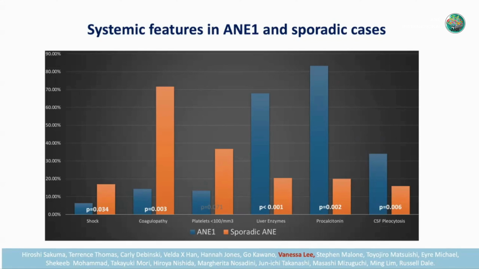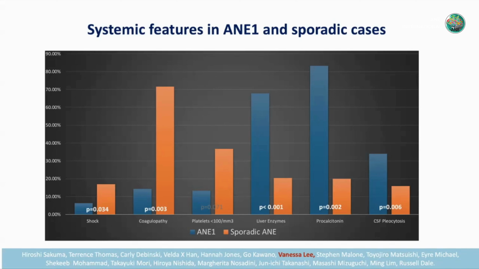But inflammation, as inferred by liver enzymes, procalcitonin and CSF phagocytosis, was significantly more common in ANE1. I'm not going to dwell any more on this data because what we're trying to look at is the treatment data, which is entirely challenging, being able to compare speed of delivery to types of treatment. I'm probably going to finish there, but I do have some treatment data to present on tocilizumab if that becomes a question later on.